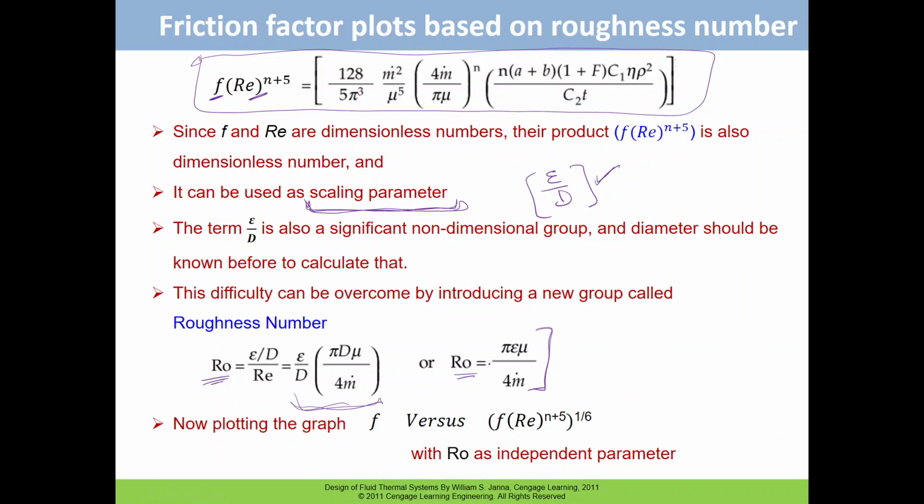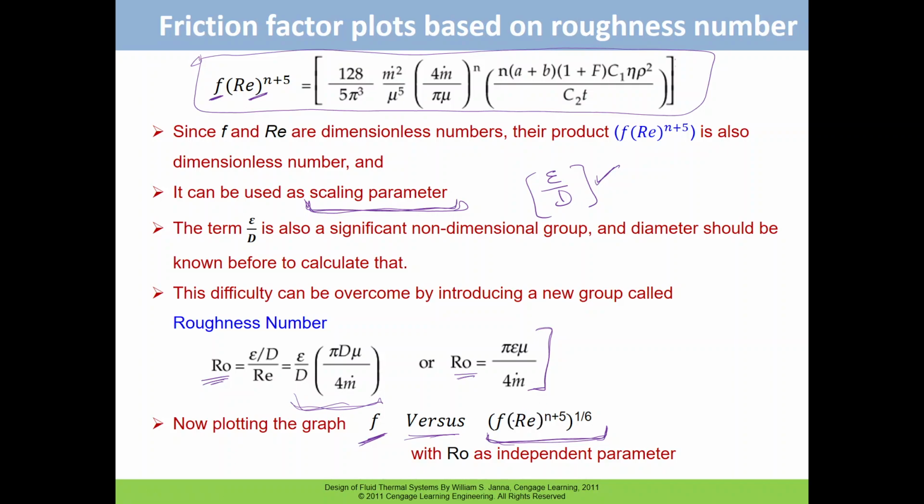Now, if you want to plot the friction factor versus this quantity, remember that all are non-dimensional scalar quantities. So this is the friction factor, and this is the friction factor multiplied by the Reynolds number, right?